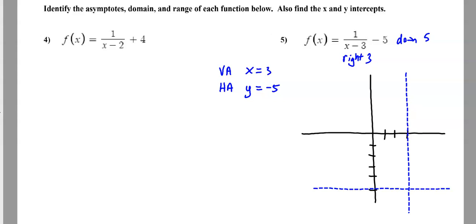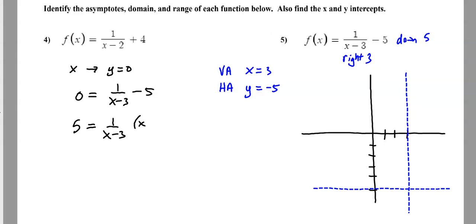I know what the sketch is going to roughly look like, but let's go ahead and get our intercepts so we have them. For the x-intercept, we have to let y equal 0. Add 5 to both sides.